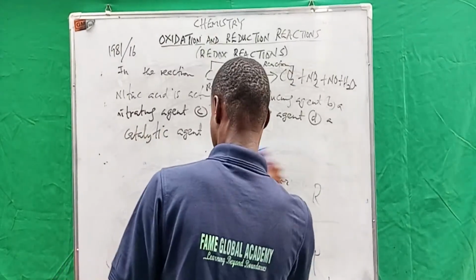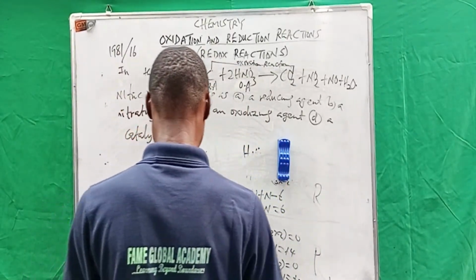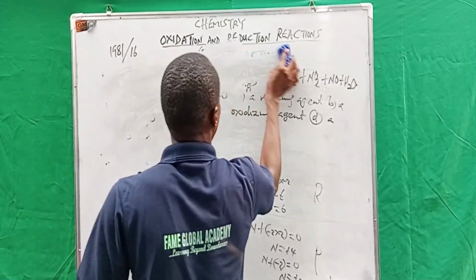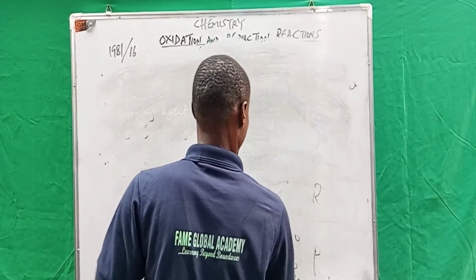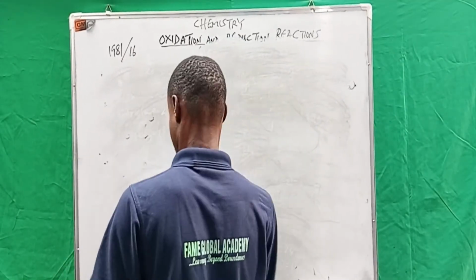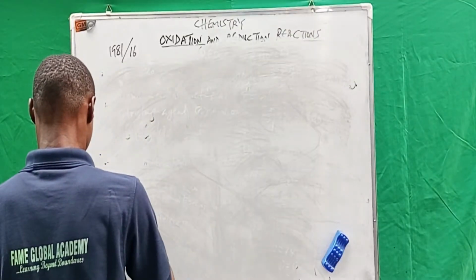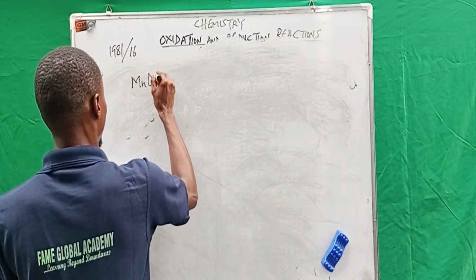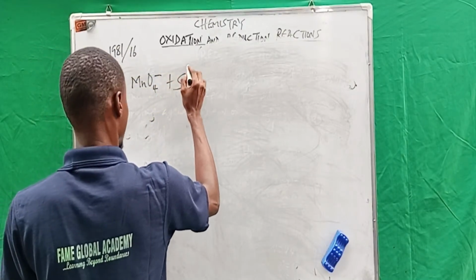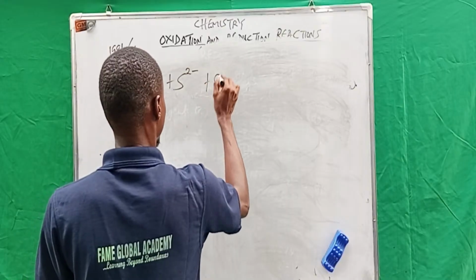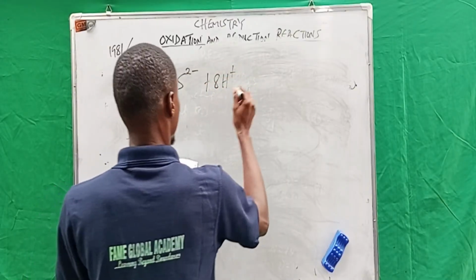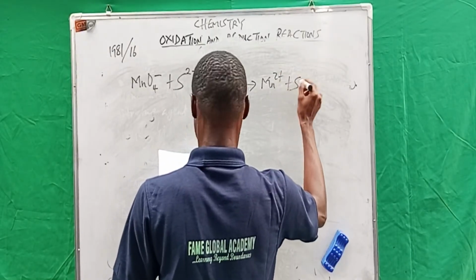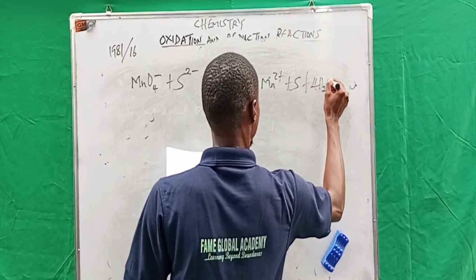All right, that's how you go about this particular question. Let's take another question here on the board. We have MnO4 minus plus S2 minus plus 8H plus to give Mn2 plus X plus 4H2O.